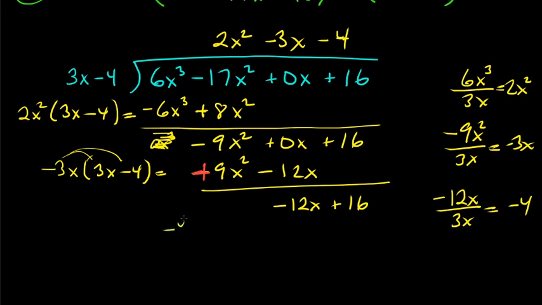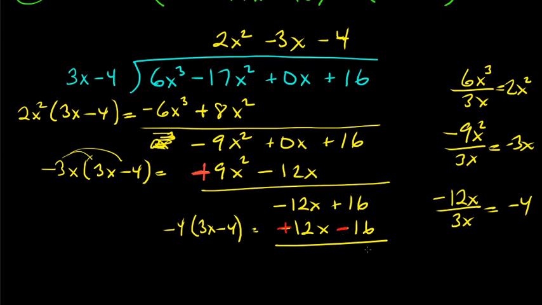So step 2, multiply negative 4 times 3x minus 4, and you should get negative 12x plus 16. And so this is looking good, right? When you flip the signs here, change the plus to a minus, so negative 16. Yep, you add these up and you get 0 again.